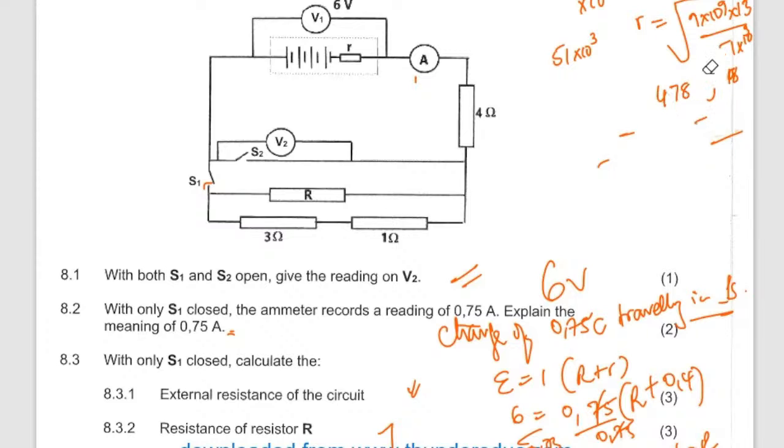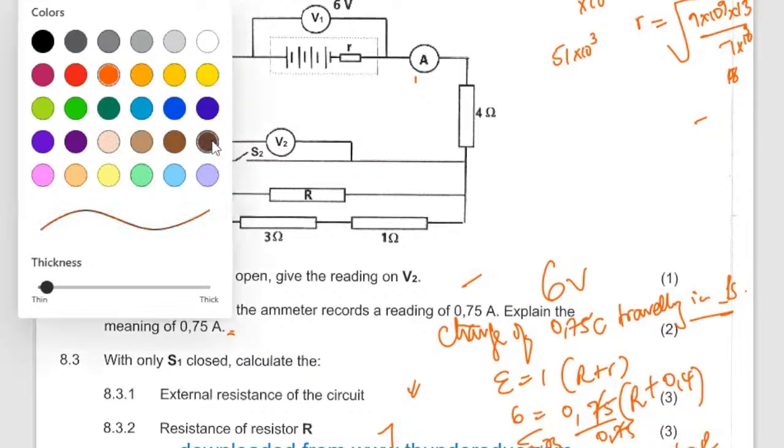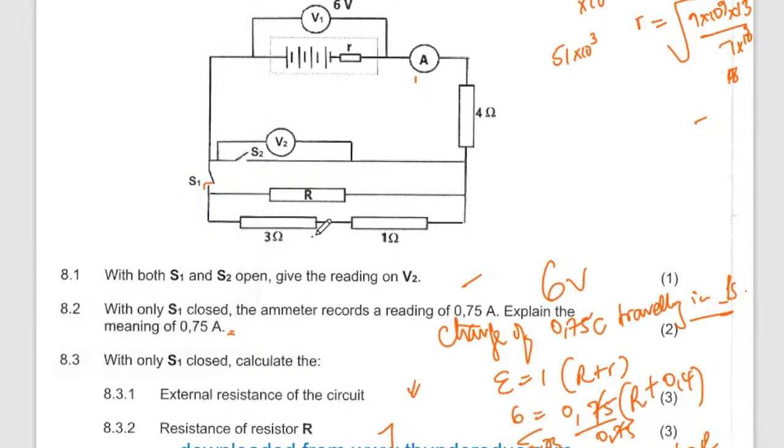So I'm going to combine the 3 and the 1 to give me 4, so that I have R and then a 4 in parallel. These combined together must give us the 7.6 ohms.